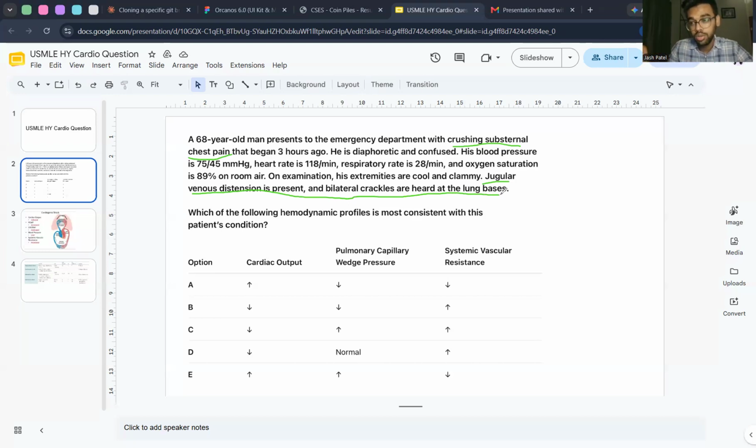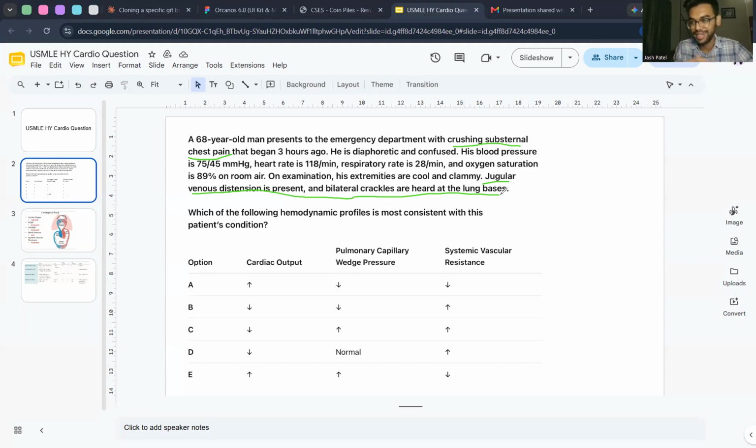It is not able to pump blood efficiently into systemic circulation, leading to decreased blood pressure, and all the blood is transmitted backward into the left atria and then into the pulmonary vasculature and then into the central veins. So it is giving rise to this clinical presentation.